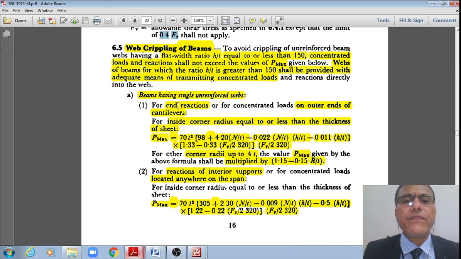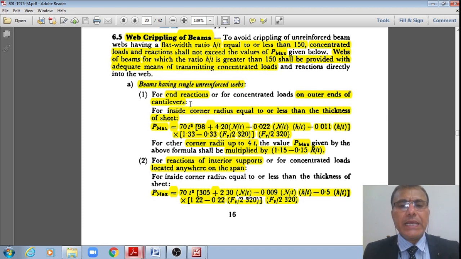Now first one, for end reactions or concentrated loads on outer ends of cantilevers for inside corner radius equal to or less than the thickness of sheets, then P maximum is equal to 70 t square multiplied by [98 plus 4.2 n by t minus 0.022 n by t times h by t minus 0.011 h by t], that whole multiplied by [1.3 minus 0.33 Fy divided by 2320], that whole multiplied by Fy by 2320.